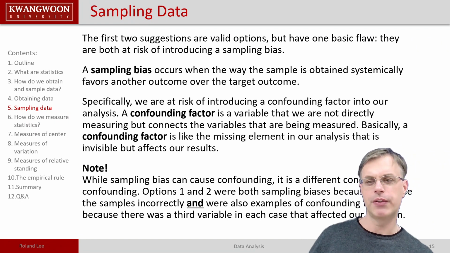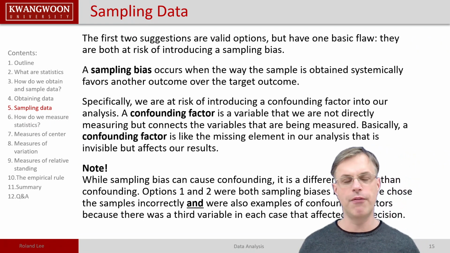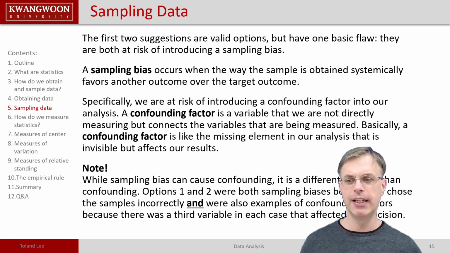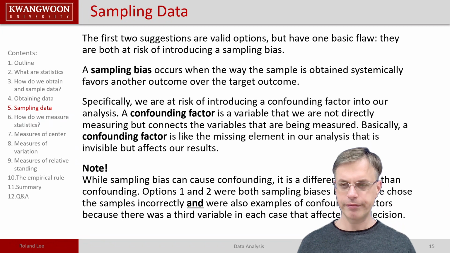Specifically, we are at risk of introducing a confounding factor into our analysis. The confounding factor is a variable that we are not directly measuring, but connects the variables that are being measured. And here we have the problem of sampling bias and confounding factors as well.